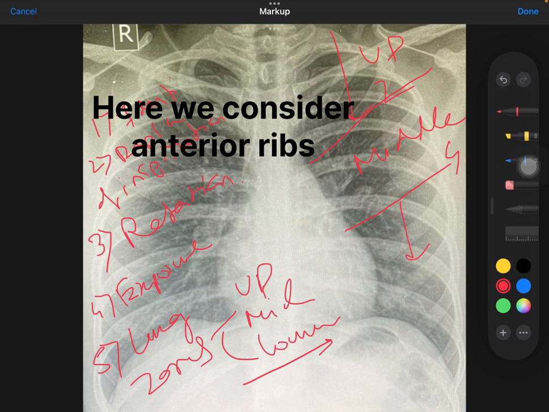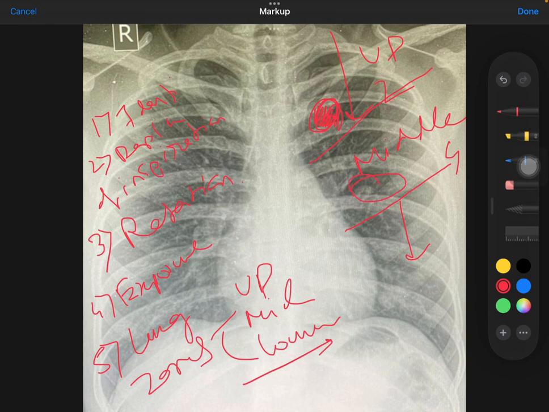So any opacification, suppose there is a homogeneous opacity here, you will say the homogeneous opacity is present in the left upper zone. Suppose this is present here, the homogeneous opacity is present in the left middle zone. Suppose it is present like this, then you will say the homogeneous opacity is present extending from the second zone to the fourth zone. So this is how we define the zones.